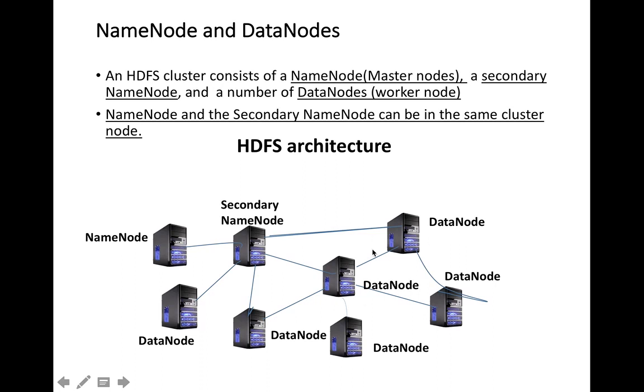The name node and the secondary name node, we can say these two are master nodes, and the other data nodes are just working nodes. In the future, from the YARN viewpoint, the data node will be called by some other name, and the master node can be called a resource node or something. We will talk about more later. Currently, we just talk about name nodes and data nodes.